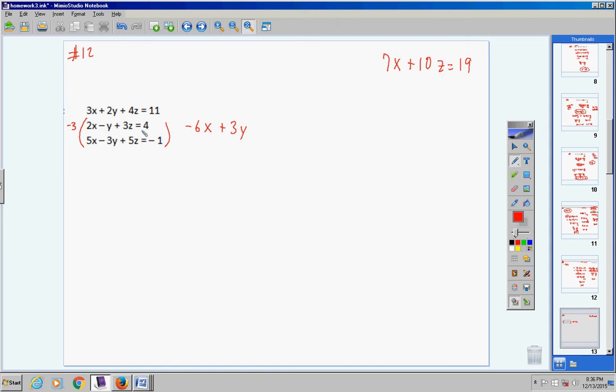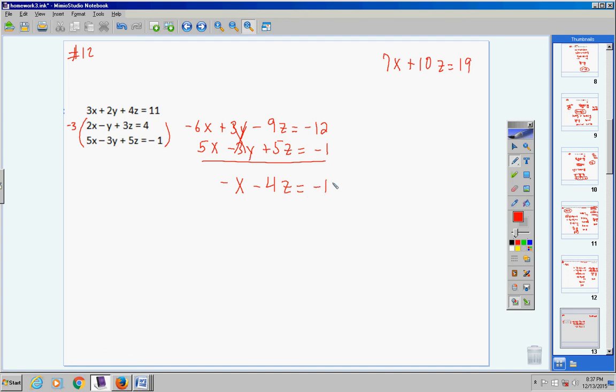Negative 3 times positive 3, negative 9z. Negative 3 times 4, negative 12. And there we go. Now your bottom equation stays the same, so 5x minus 3y plus 5z equals negative 1. Now let's combine. Negative 6 plus 5 is negative x, positive 5 minus 9 is negative 4z, equals negative 13.